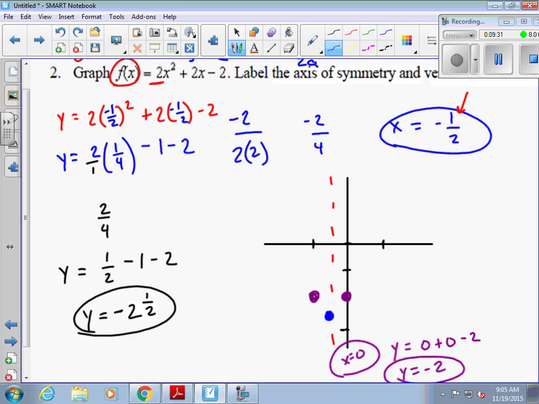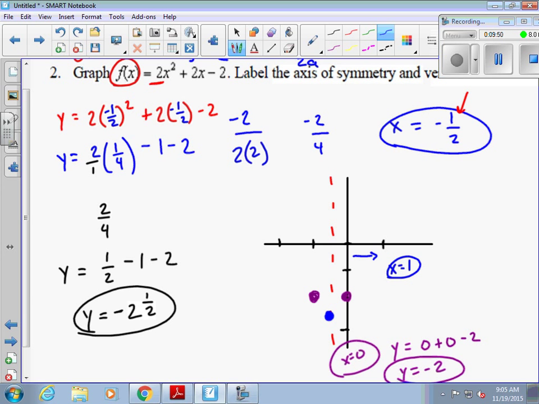Now we need one more point. We could shift over to negative 2, or we could shift over to 1. X is equal to 1 is probably preferred. X is 1.